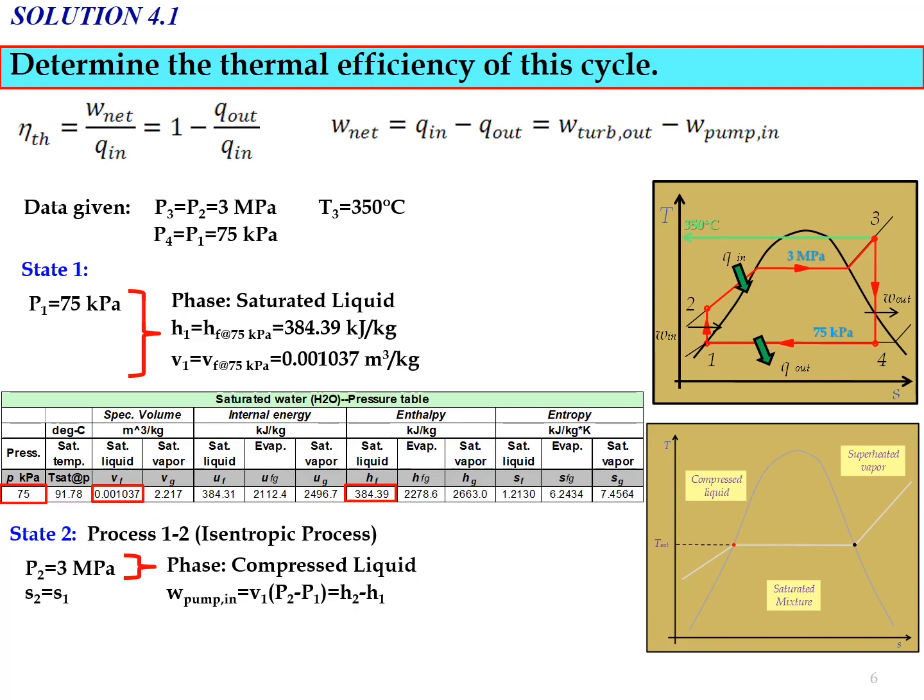In order to determine the value of H2, we can use this formula, where W pump in equal to V1 multiplied by P2 minus P1 equal to H2 minus H1. V1 and H1 we already determined from the table, and P2 and P1 are given in the question. So you can rearrange the equation to determine H2. H2 equal to 387.42 kilojoule per kg.